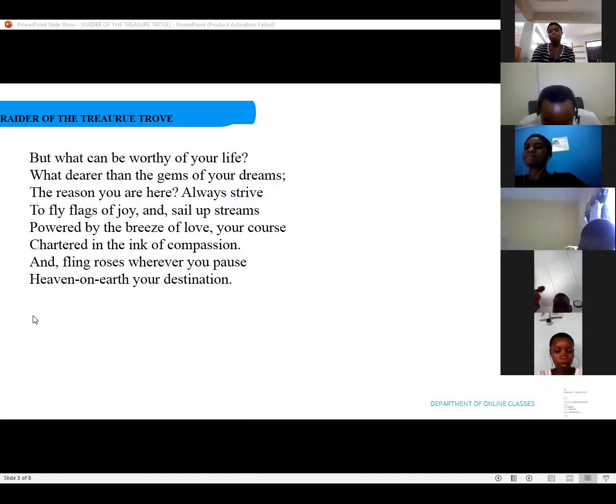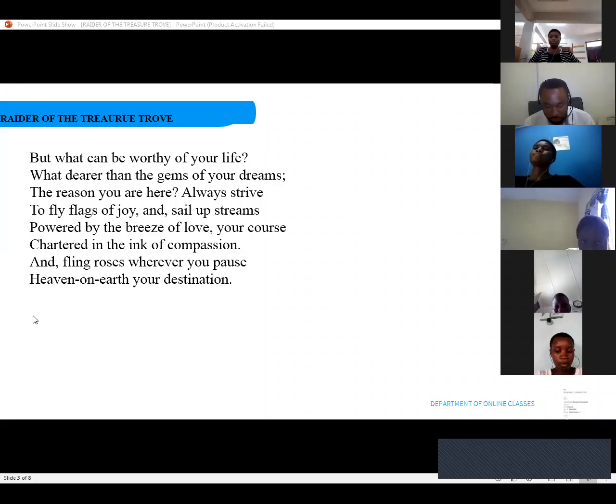So the speaker is saying that with a metaphor, flags of joy, the speaker creates the impression that true joy cannot be suppressed, and therefore it is readily seen by all. Such joy has the ability to ignite joy in others, who suggestively at the dock will be joyfully looking out for the ship's flag.